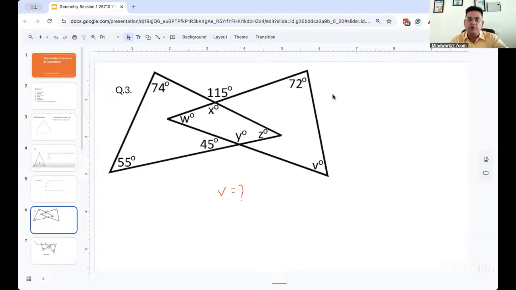So if you get W, 72 plus W plus V would be 180. To get W, you will need X, Y and Z. You already have X and Y easily available. Z you can get from the first triangle. I have given enough hints.